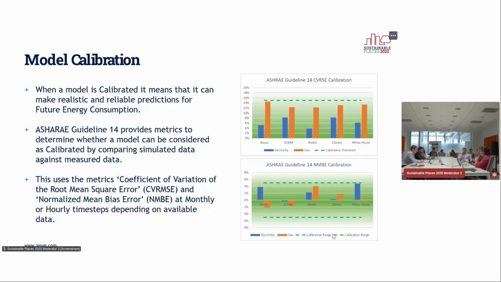The thresholds are pretty challenging to meet, because it's not just averages, it's also the scope of variation within the values. And you can look at the monthly or hourly level, provided you have some actual data to compare against. The models we're talking about here for Edinburgh were all fully calibrated against this guideline.